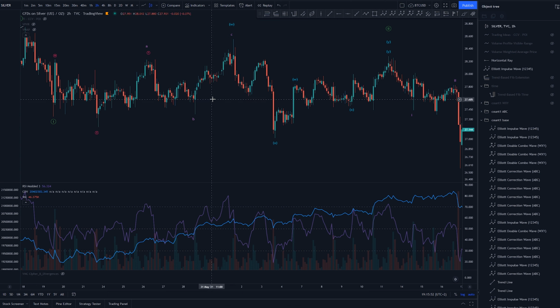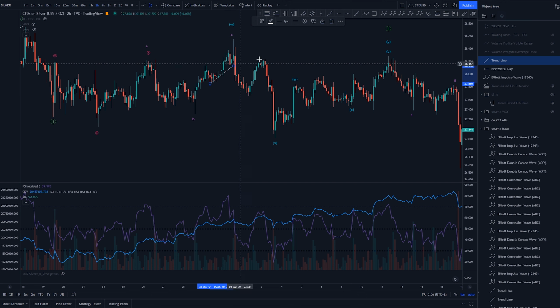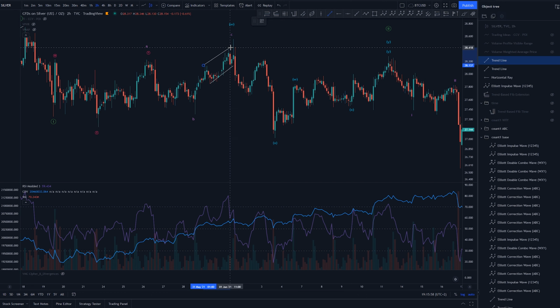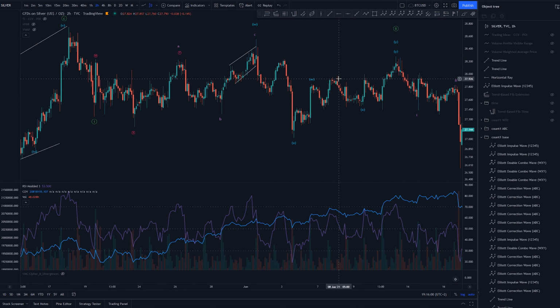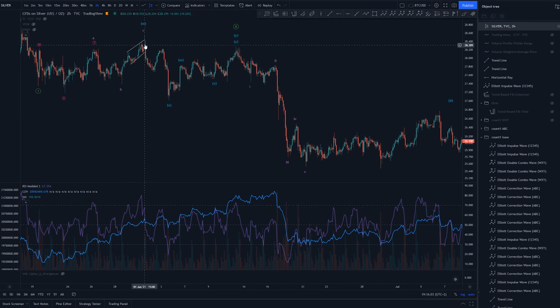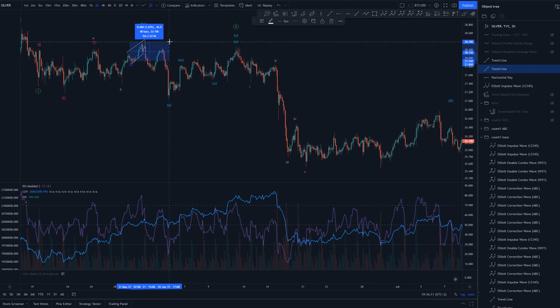we would need to do this to make it legal as an ending diagonal here. Not good looking at all, and let's see if it's viable. 4, 6, yeah, it's fine.